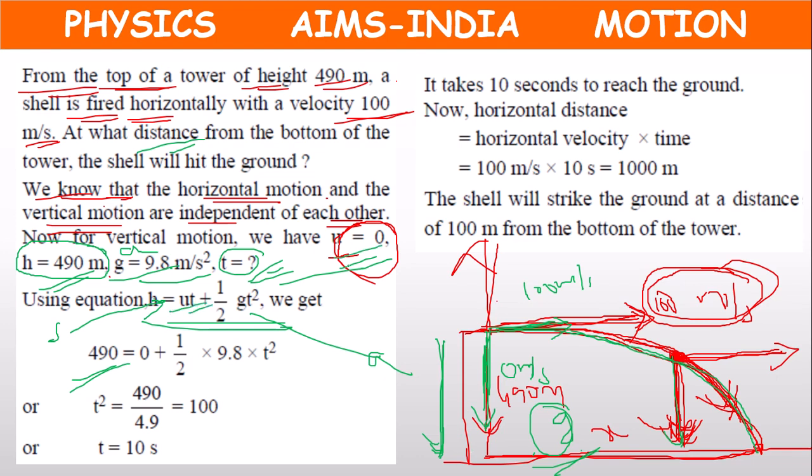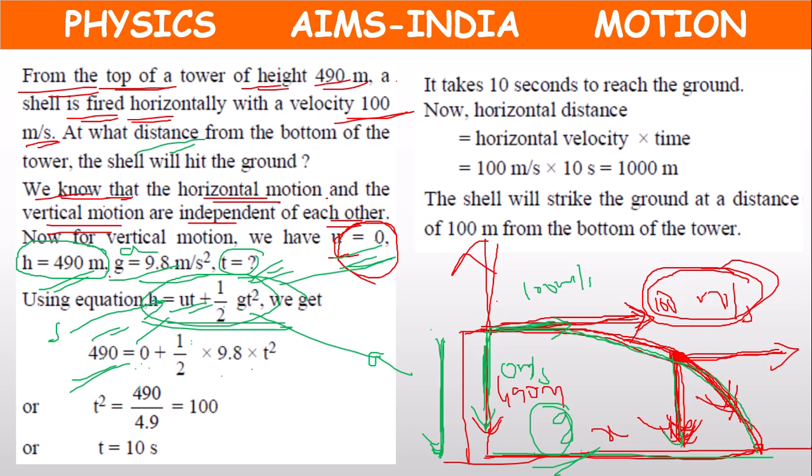Initial velocity in vertical direction is 0, because this formula we have taken is for vertical motion. So 490 meter, u value 0, 0 into t becomes 0, half into g value 9.8 into t square.